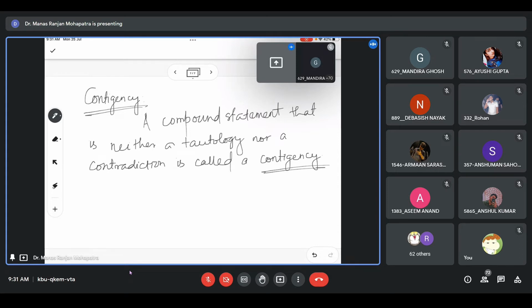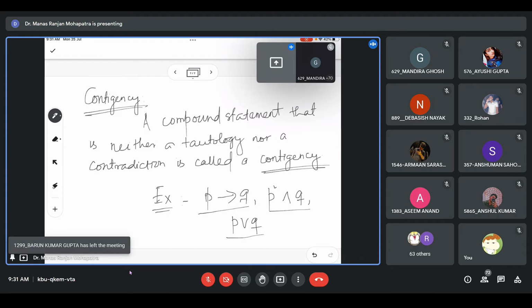For example, P implies Q, P conjunction Q, P disjunction Q. These are examples of contingencies, because they are neither tautologies nor contradictions. That is, for some truth values of P and Q they are true, and for some other values the truth value is false. So they are contingencies.